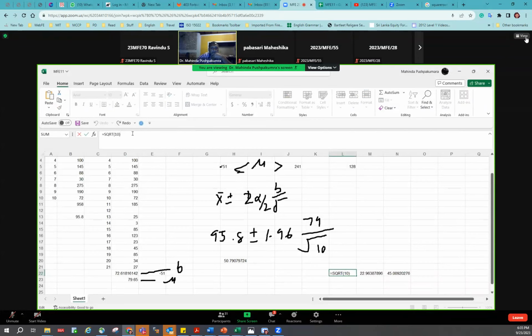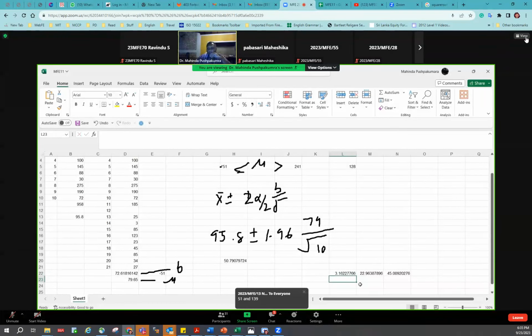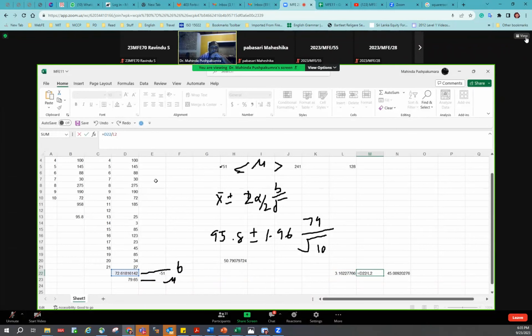Square root of 10 is 3.16. Then this is the standard deviation. Sorry, I made a mistake. I think the standard deviation is 72, not 79.